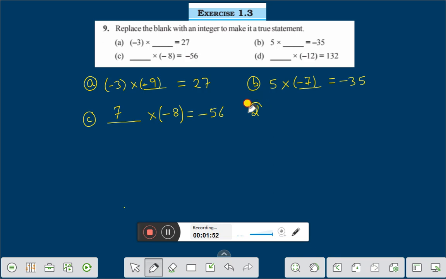Now question number D. Question number D is blank into minus 12 is equal to 132.